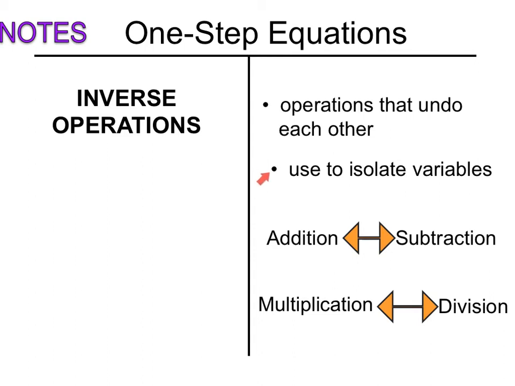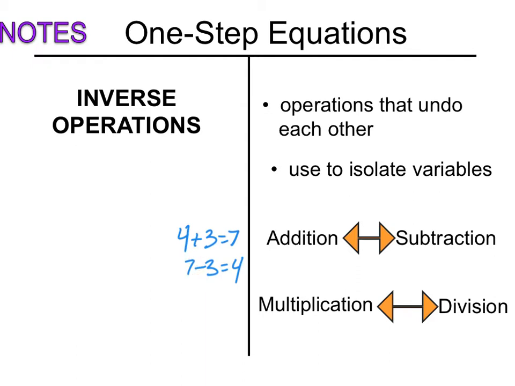Addition and subtraction are inverse operations. For example, 4 plus 3 equals 7, and 7 minus 3 will equal 4. Addition is undone by subtraction.